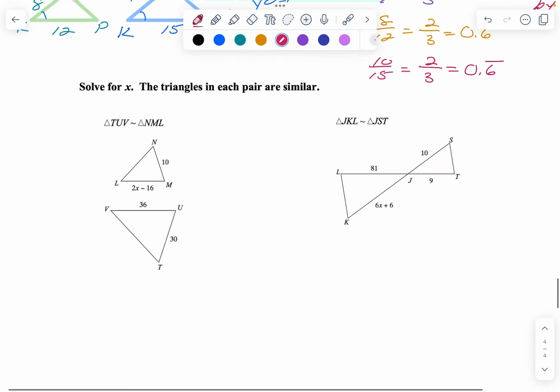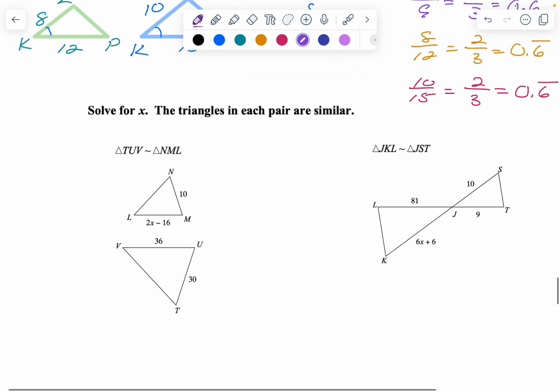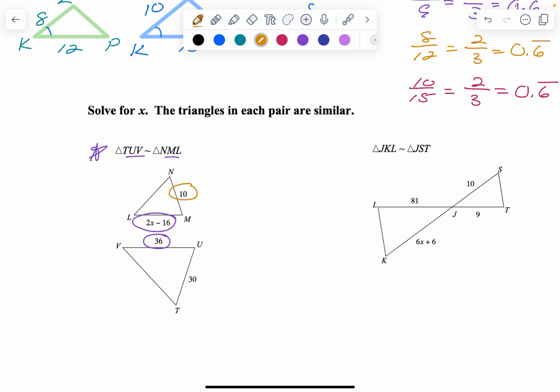All right, finally, the triangles are similar. They give us a similarity statement like this, and we need to match it up. So let's see. LM goes with VU. And then NM goes with TU.